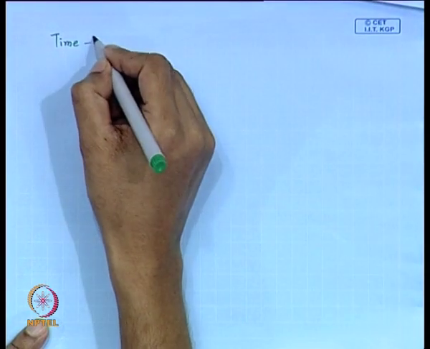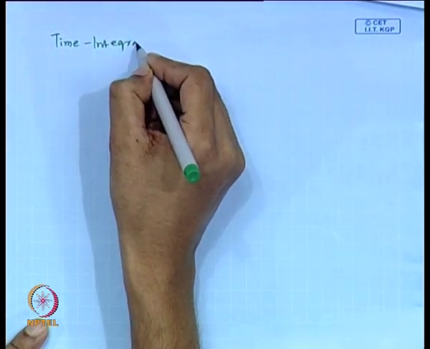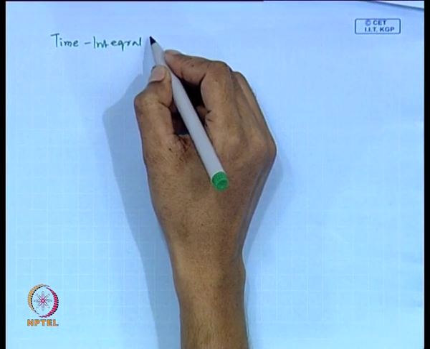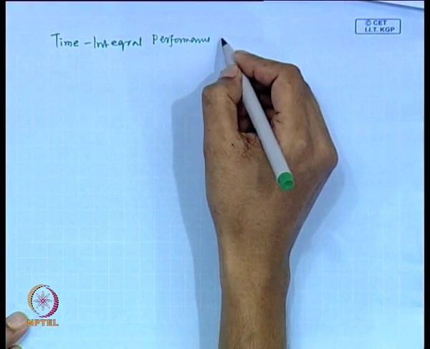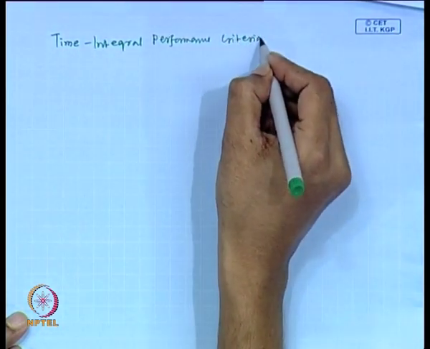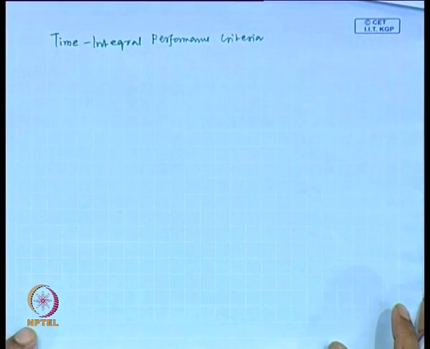So, in that way, the time integral performance criteria is considered for tuning the control parameters, which takes into account the response throughout the period.